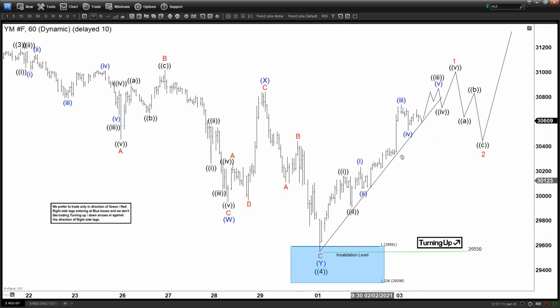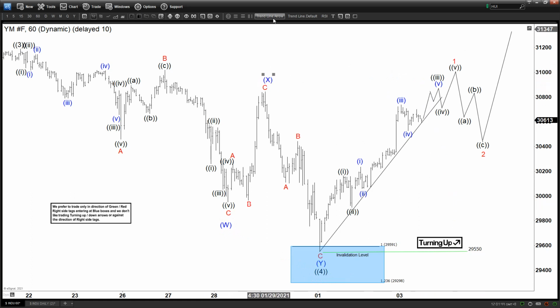So now what do we see here? We are calling this rally an impulse, and for now we can see a few more highs, but the structure is a little bit messy right now. In the worst case scenario, it can be counted as an ABC, ending W here, and then this corrective ABC ending X here, and then you get a bigger pullback again.